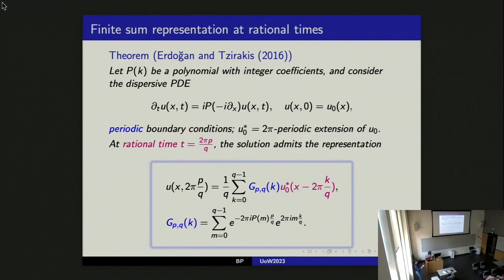The solution is given by a finite sum with some coefficients that are just functions of this index and of P and Q, which are the two coprimes that give you the rational multiple you put here, and then the initial condition evaluated at some translated points. And the translation depends on Q. So the number of terms in this sum depends on Q, the denominator of this multiple.